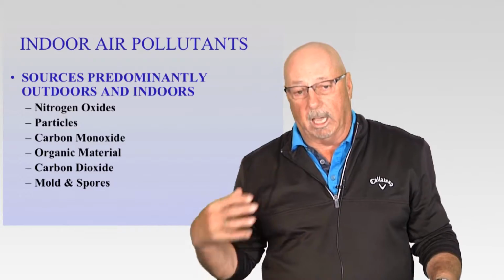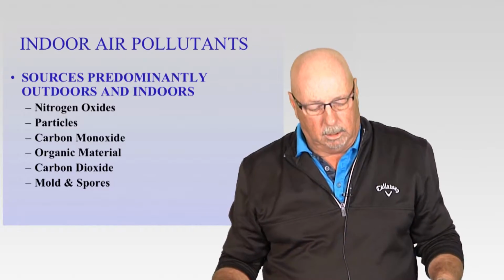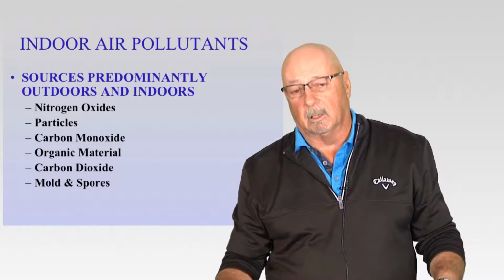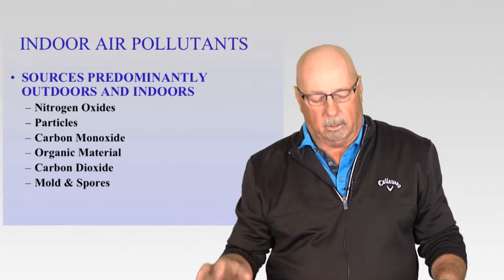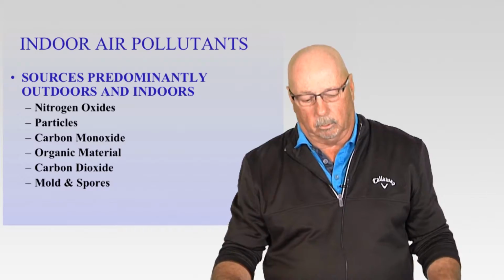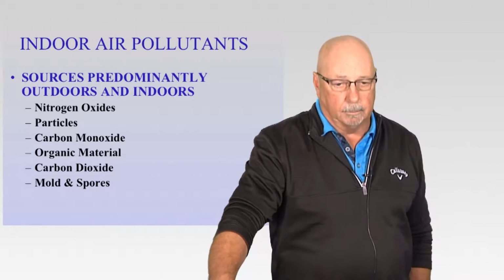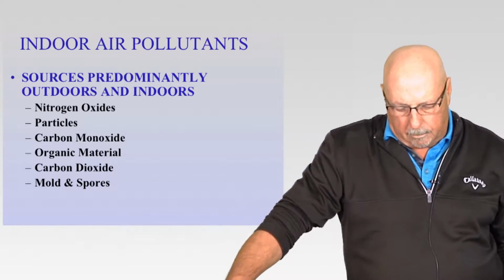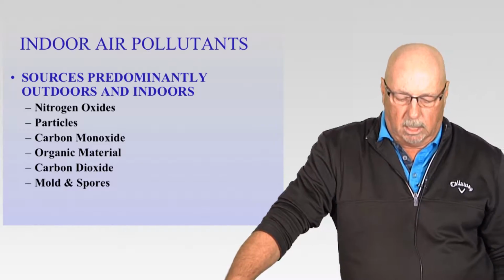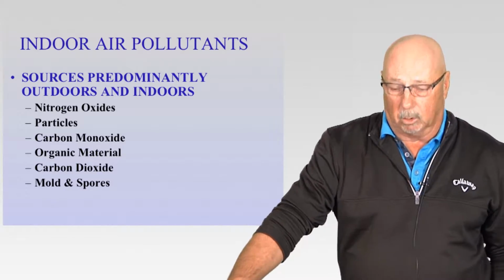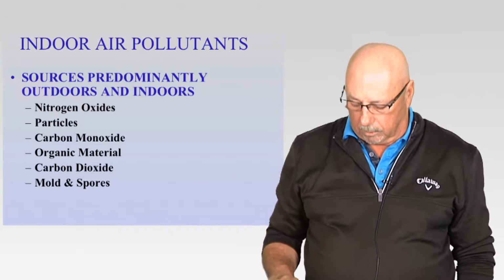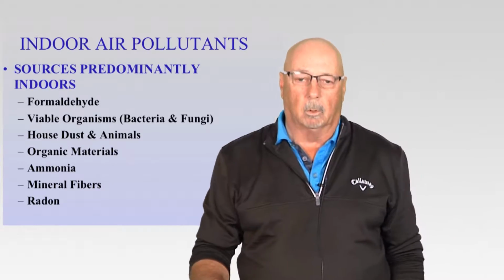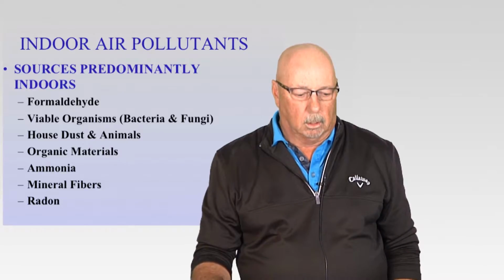Every time we exhale, there's a certain level of carbon dioxide, which can actually be measured, and it can be a contributor to the poor air quality that we find in buildings. And then mold, fungi, and mold spores can be found indoors from those organisms growing on the building materials.